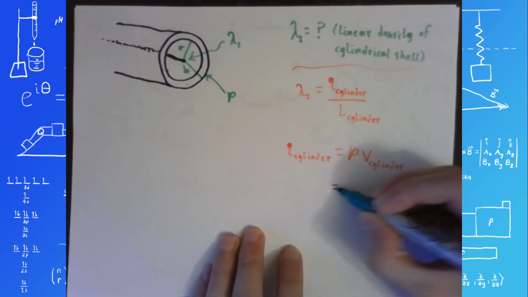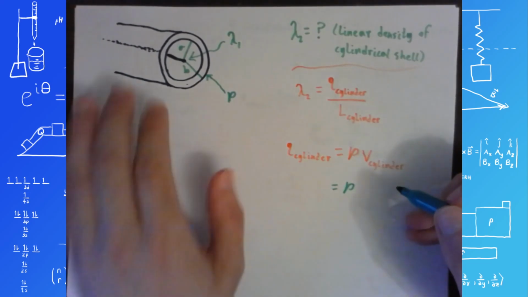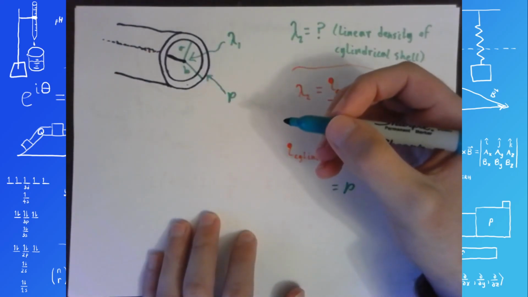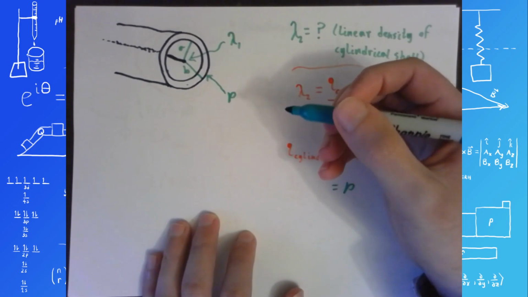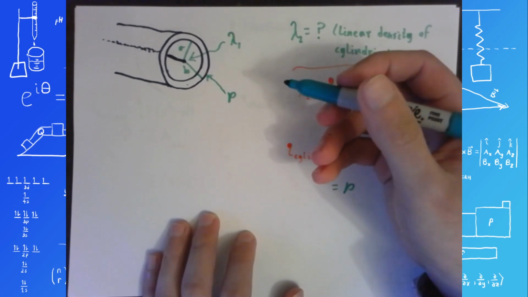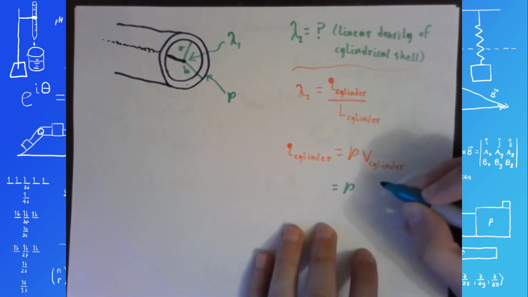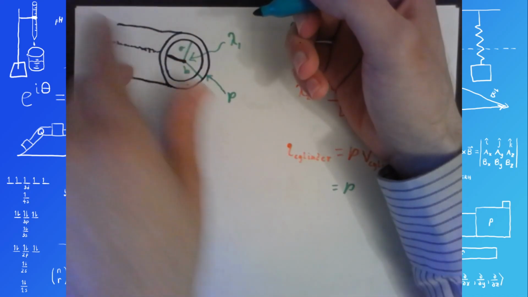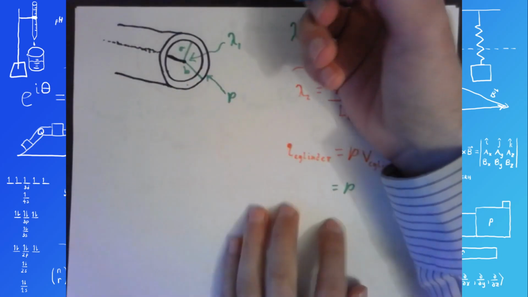So I can do equals rho times the volume of a cylinder. If you remember the formula for it, it's base times height. The base of a cylinder is a circle, and the area of a circle is pi r squared. So area of the base times height, pi r squared times, well, in this case the cylinder is standing sideways, but the height that we would use is the length of the cylinder.